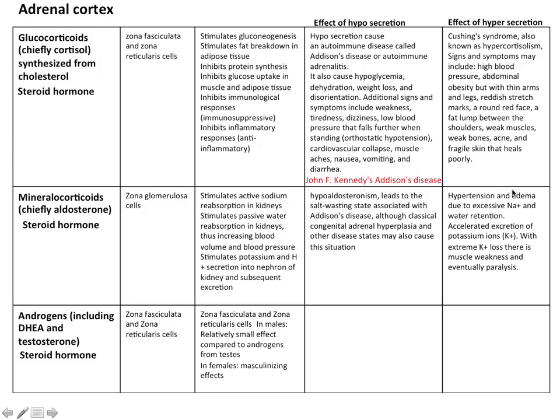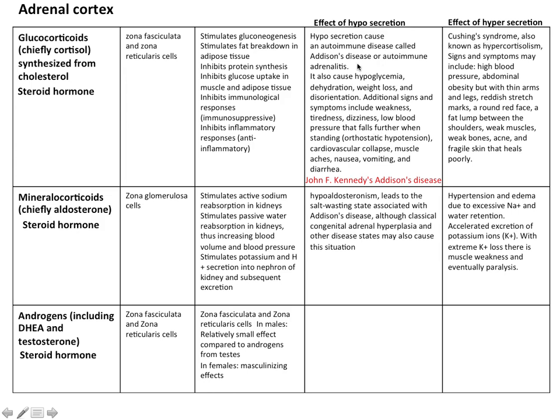So finally, I have summarized all the hormones of the adrenal cortex here. You can see the three hormones: glucocorticoid, particularly cortisol, mineralocorticoid, which is aldosterone, and androgens. These three hormones are all steroid hormones. And I have already discussed their role and the effects of hyposecretion and hypersecretion.